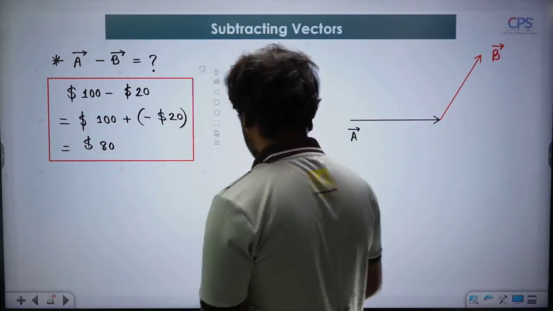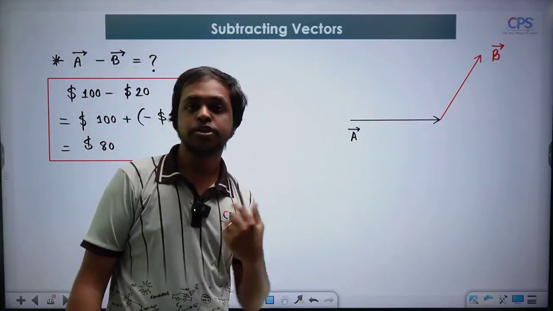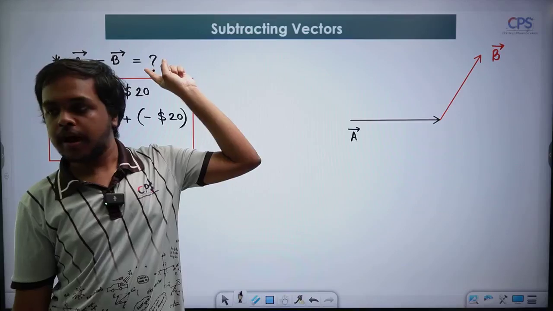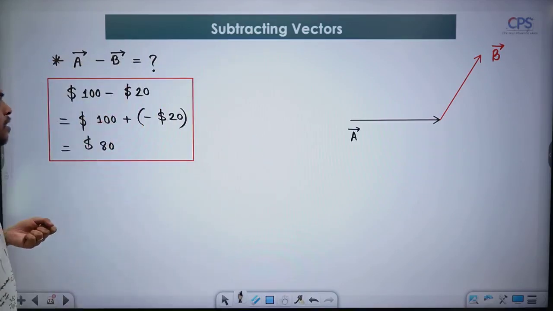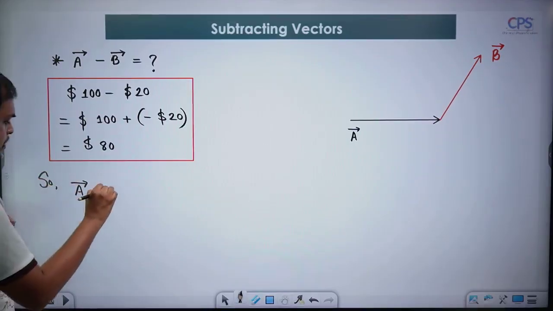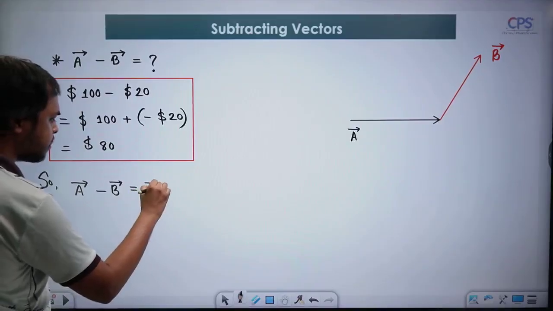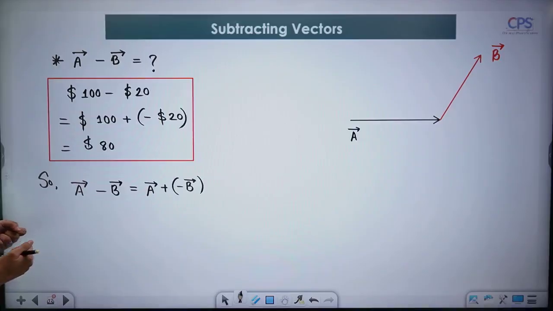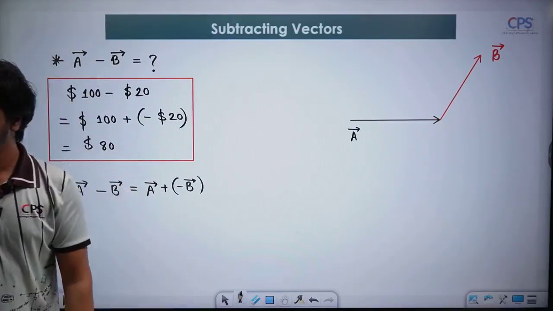And one more thing, there is no specific rule for subtraction. There are specific rules for addition of vectors only. So we need to carry this out like additions, like what we did here, okay? So a vector minus b vector will become a vector plus minus b vector. You need to get the sum of a plus minus b.